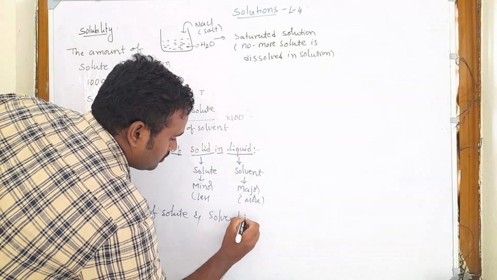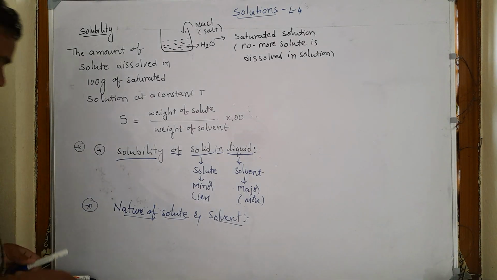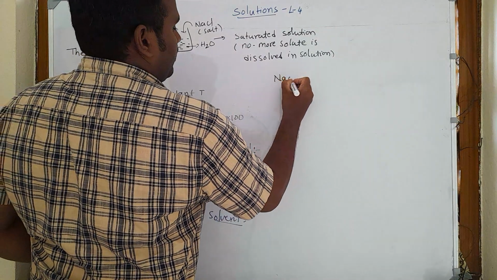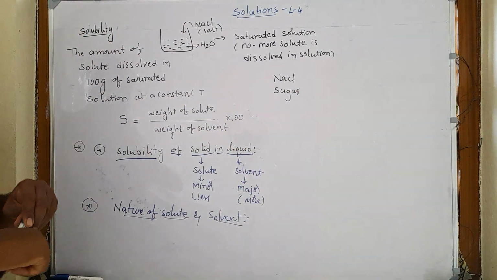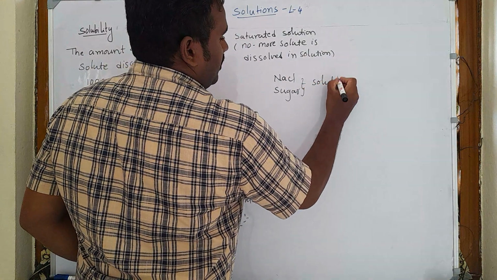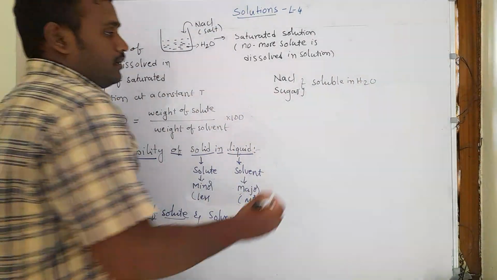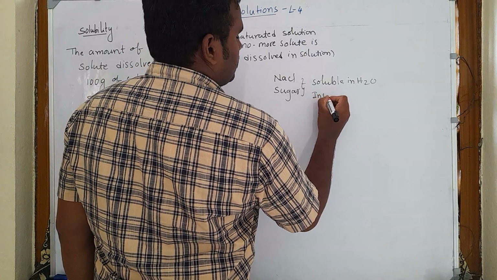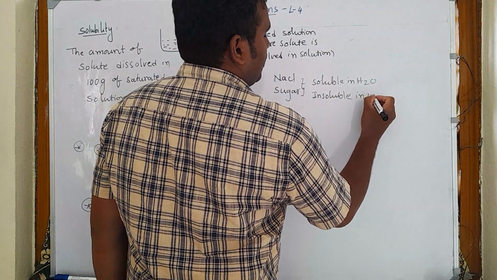For example, when you take sodium chloride, NaCl, and sugar, they are soluble in H2O, but they are insoluble in kerosene.